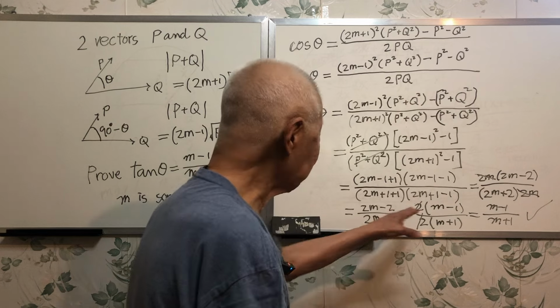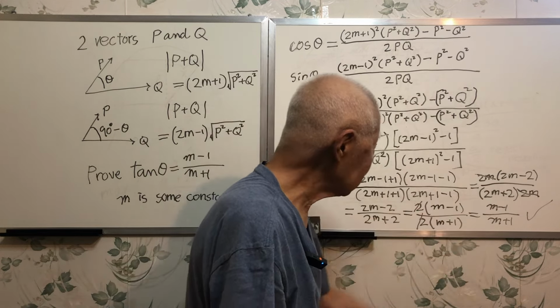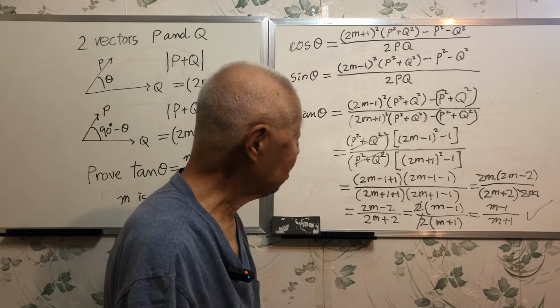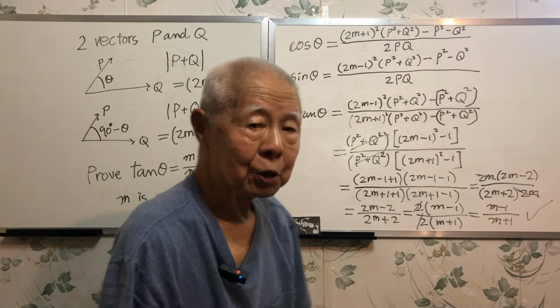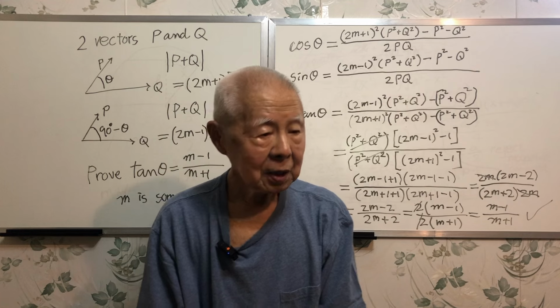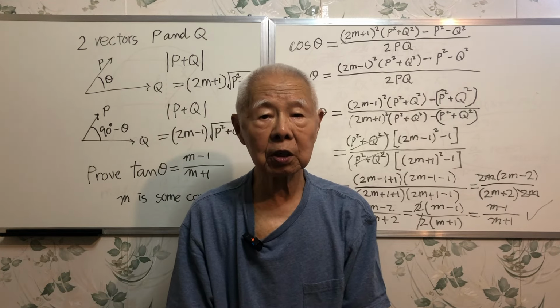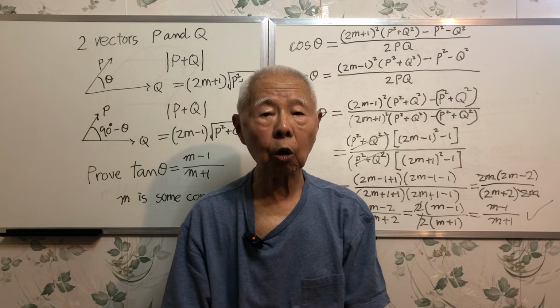So I have proved tangent theta is equal to m minus 1 divided by m plus 1. Therefore, that is a proof. It's not too complicated. It's just a geometry problem using cosine law.